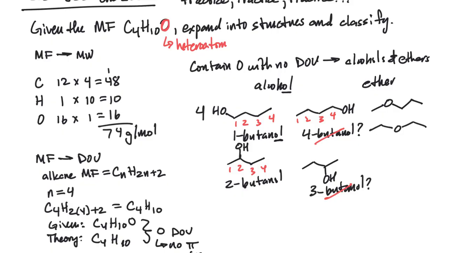So now let's move down to branched isomers. And when I refer to branched, we're talking about the carbon chain here. So we'll move down to 3. 1, 2, 3. Let's go ahead and number that.